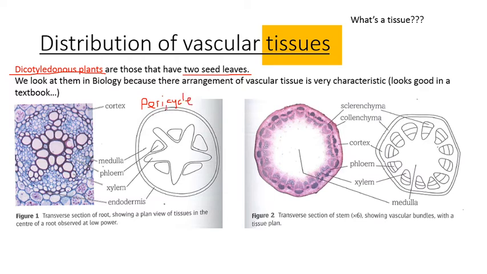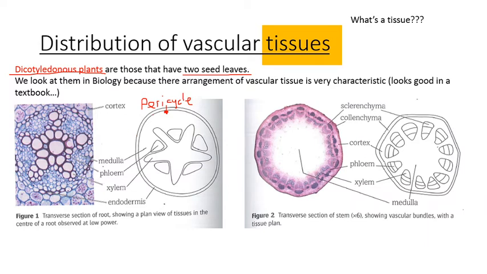This pericycle is found just inside the endodermal layer, sort of there. The pericycle is the meristematic tissue that gives rise to the xylem and phloem in that vascular bundle, and all the other tissues inside that vascular bundle. Pericycle, meristematic tissue for the root.